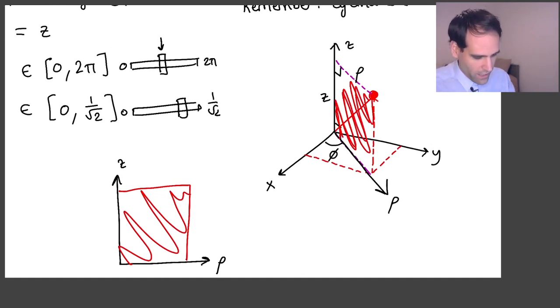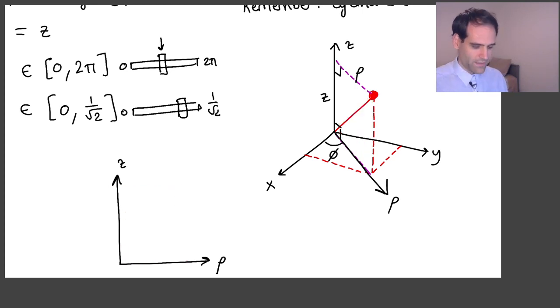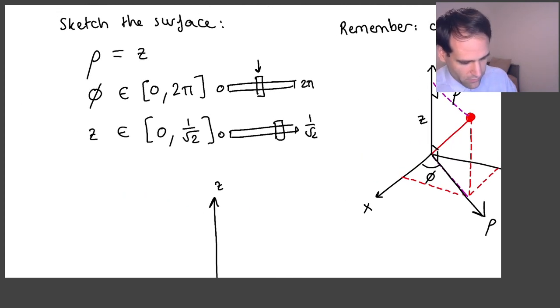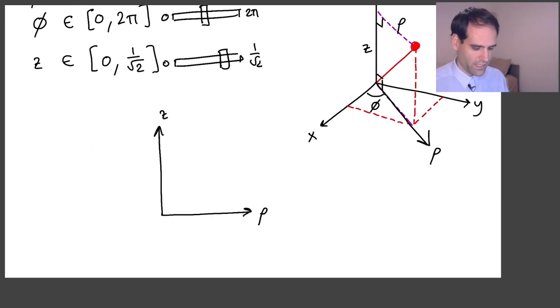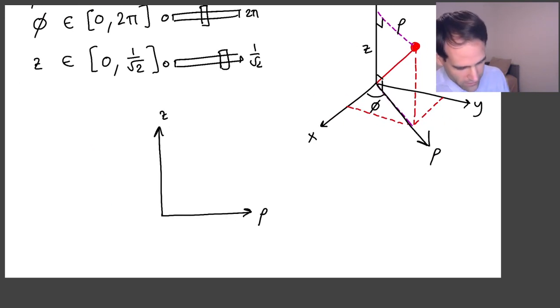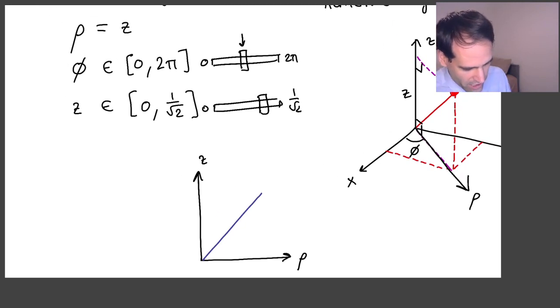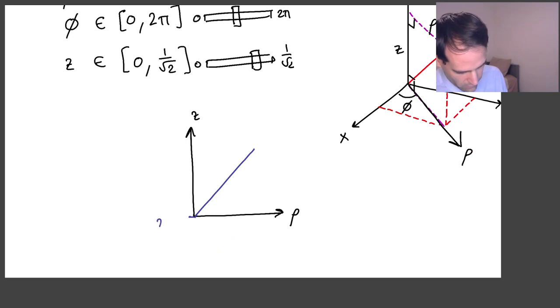Now, what does the equation rho equals z look like in this plane? Well, rho equals z is the equation of a straight line. And z is changing between 0 and 1 over square root of 2. So we have z equals 0 here, and z equals 1 over square root of 2 here, which will be our maximum value of z.